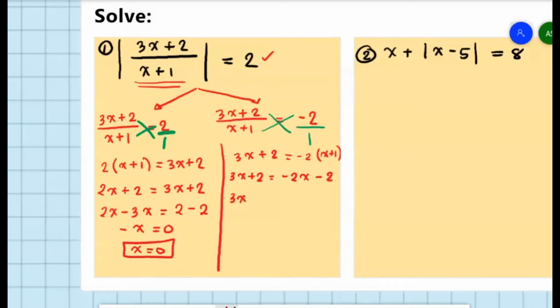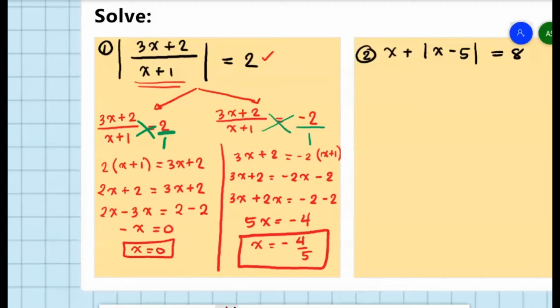Again, same algebraic manipulation, combine the like terms. So that will give you negative 2 minus 2. So this will become 5x equals negative 4. And therefore, x is negative 4 over 5. So you will have two possible answers for x: x equals 0 and x equals negative 4 over 5.